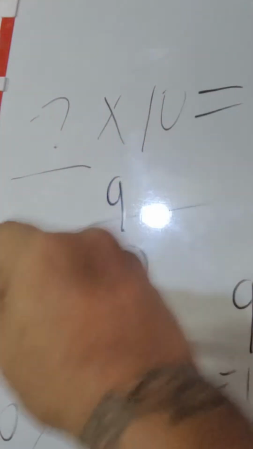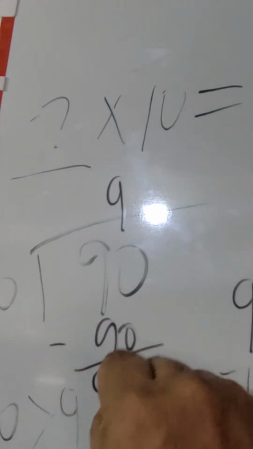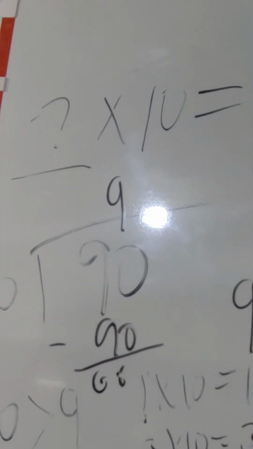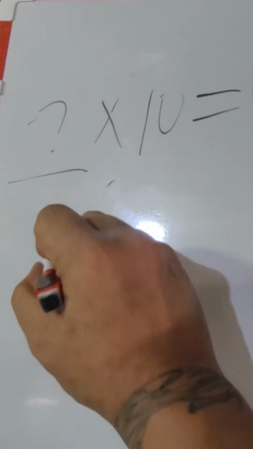That is the answer. 9. 9 times 10 equals 90. Okay, now let's show you that as we're saying, remember? Look. What times 10 equals 90?